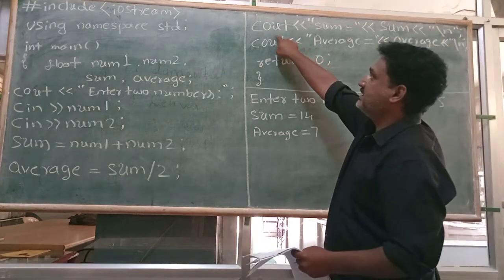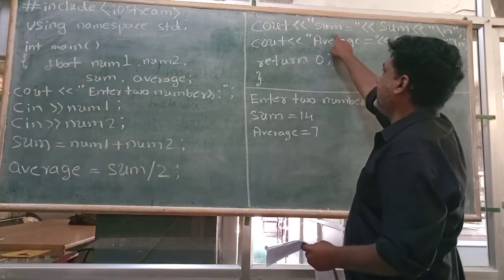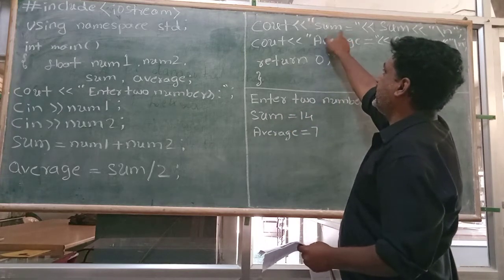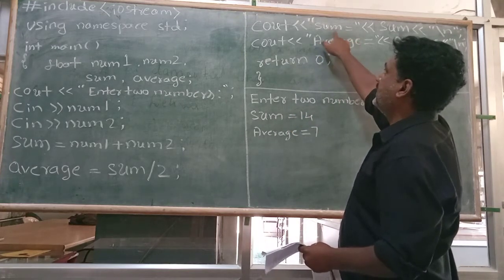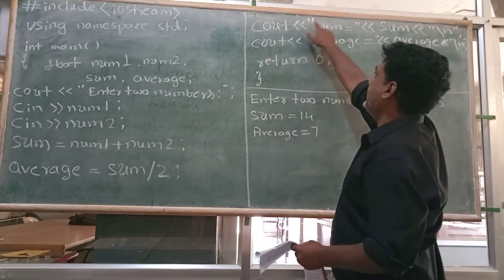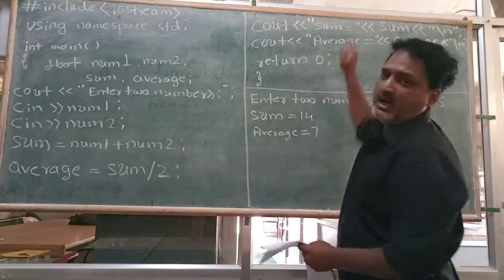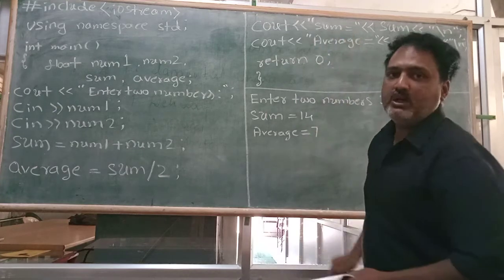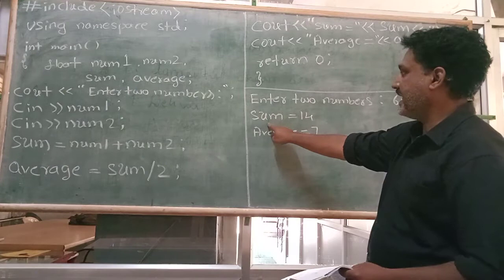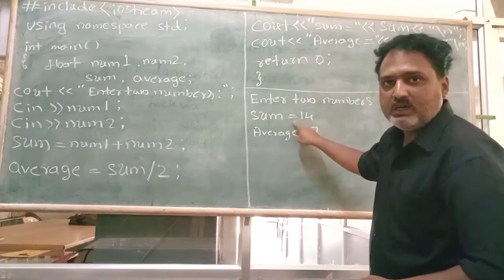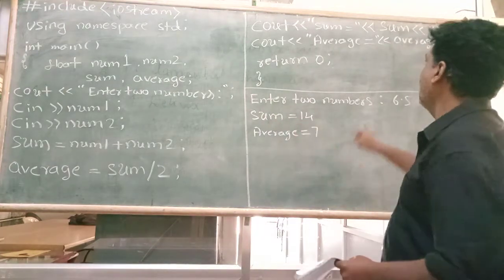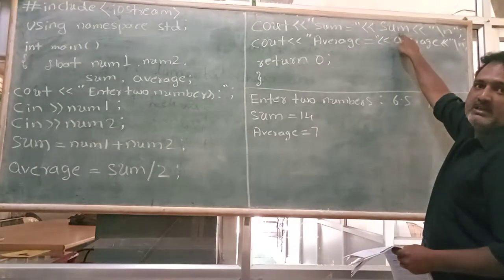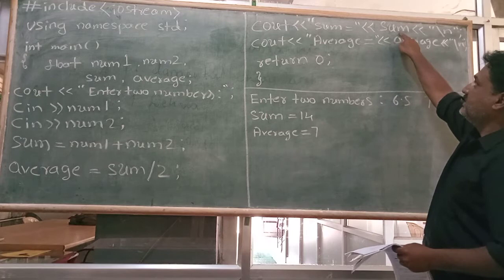After doing these things, we use again the cout statement for printing the sum. Here we need a string like sum equals. So that string will be written within the quotation marks, like "sum is equal to". Here it comes like sum is equal to. After this, we have written the variable sum.